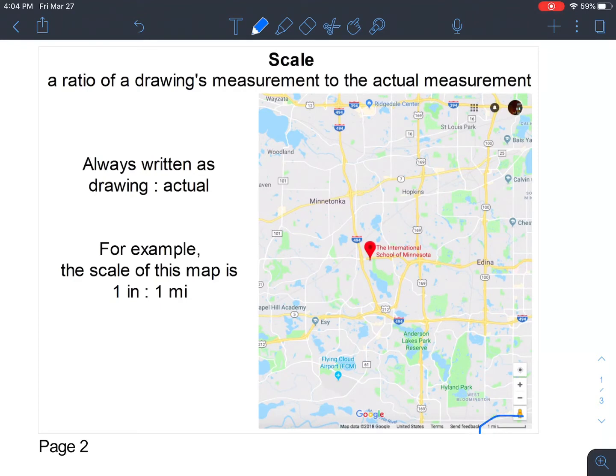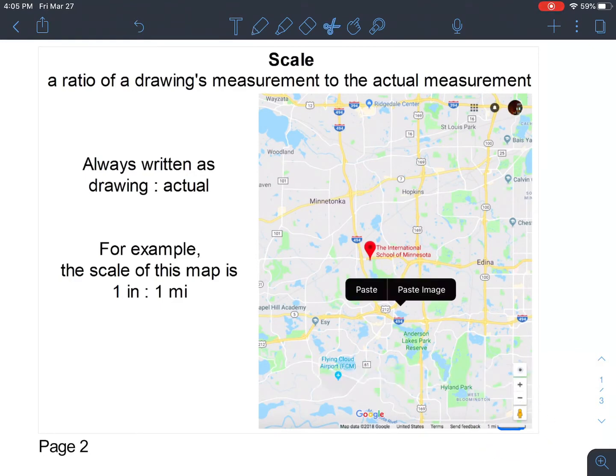Hopefully, you notice it down there in the corner. It's very small and it's not written the same way as this ratio here, but it is written as a width. At least when I did this on my computer, the width was about an inch, and it says that is supposed to represent 1 mile. So then we could easily just draw a length right there.